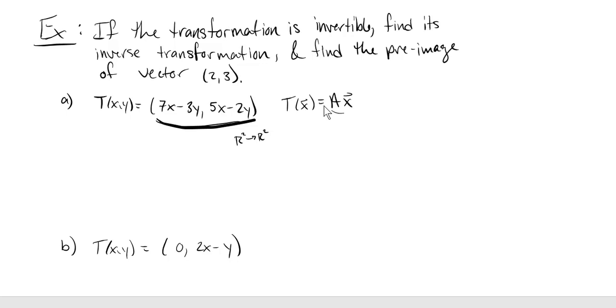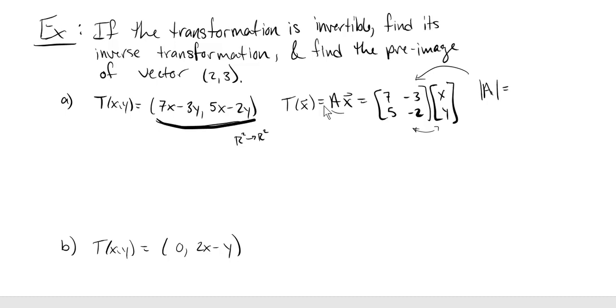So you can think of it as a matrix multiplication, where that matrix is 7, -3, 5, -2, multiplying the vector xy. That's the same thing that T does to the input xy. It does this matrix multiplication. So here our matrix A is this guy. And this matrix A is pretty easy to find the determinant of, right?